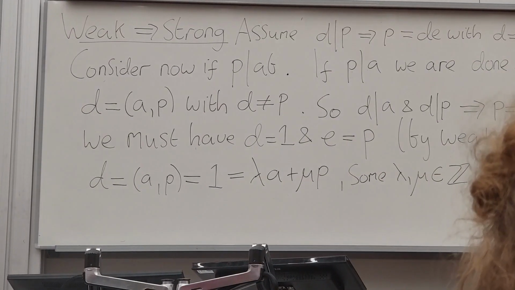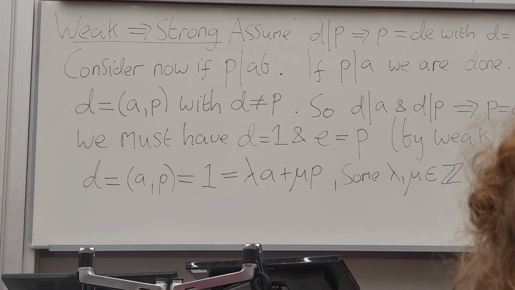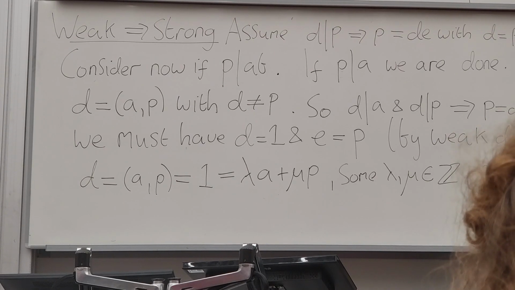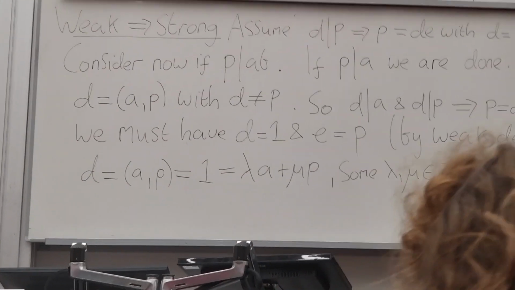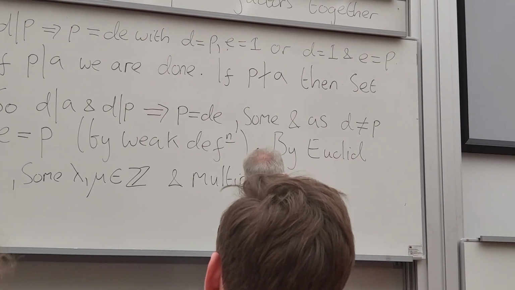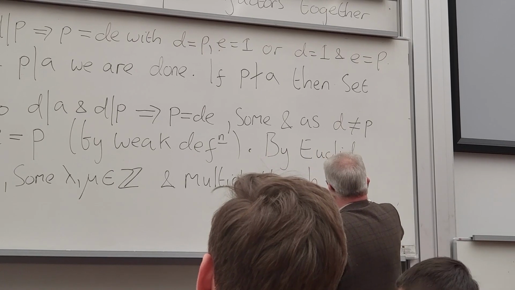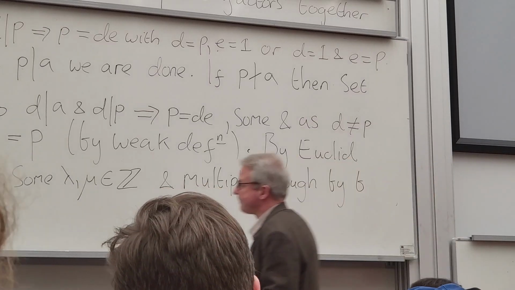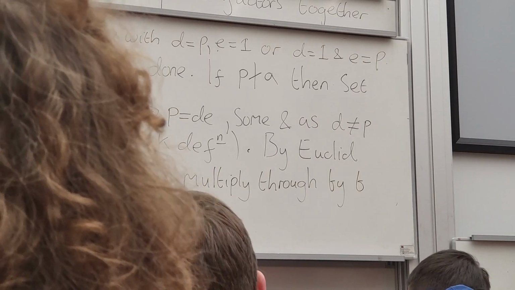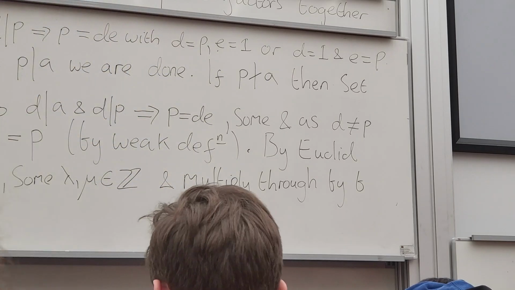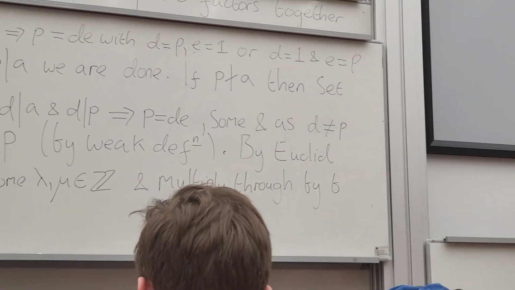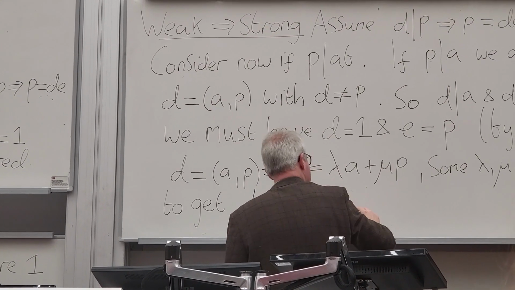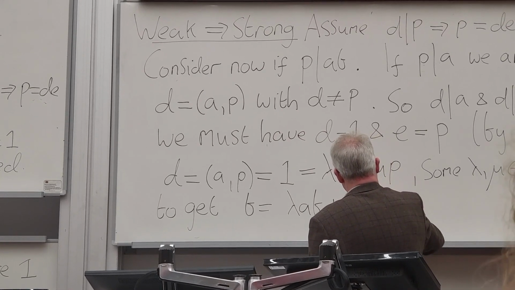And now we multiply through by B. So that gives me B equals lambda AB plus mu PB.